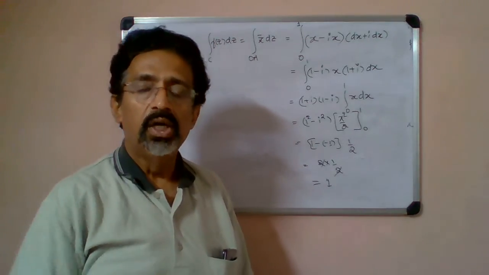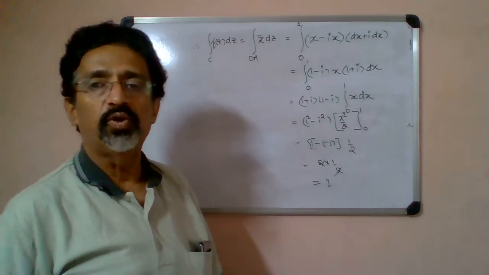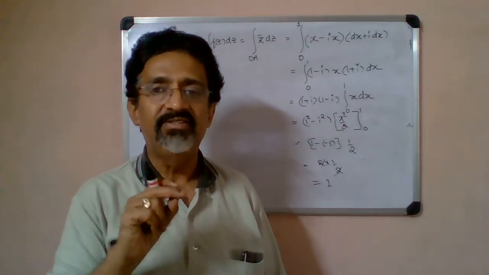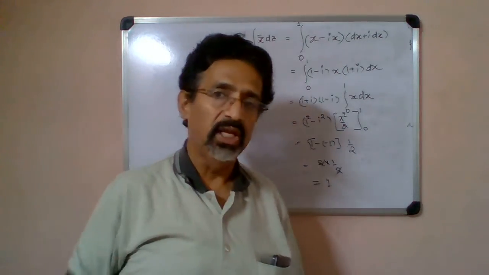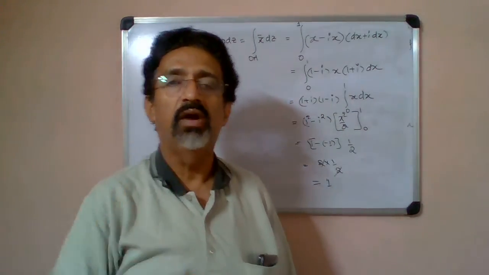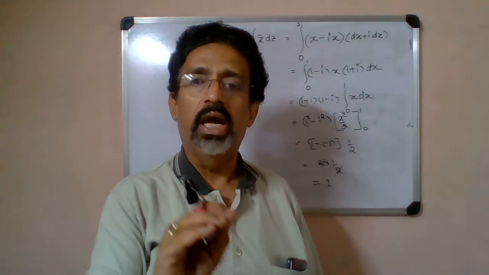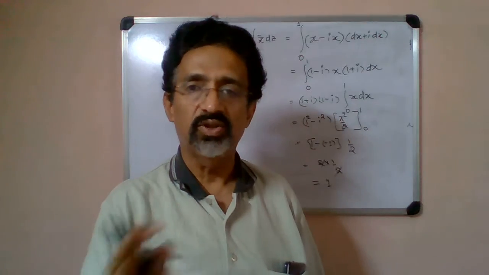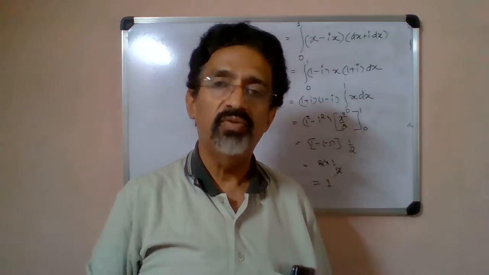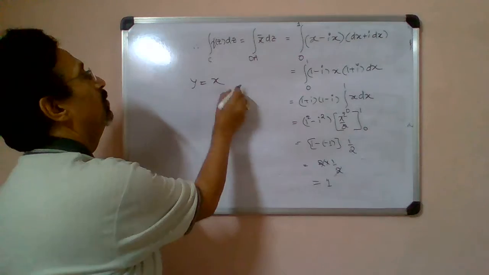So this is how we evaluate the line integrals. So what is the procedure now? The procedure is, I have to find out along the curve C what is the value of x and y. I have to find out the relation between x and y. Then I should express either y in terms of x, or x in terms of y, or maybe x and y in terms of a third parameter. See here also I would have written y is equal to x.